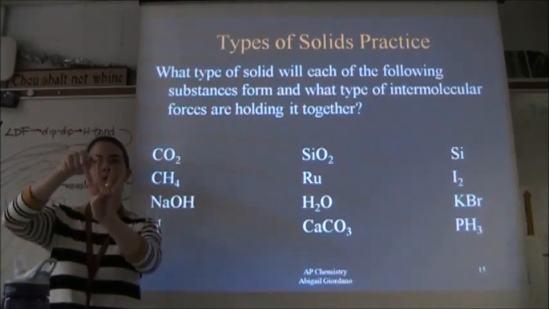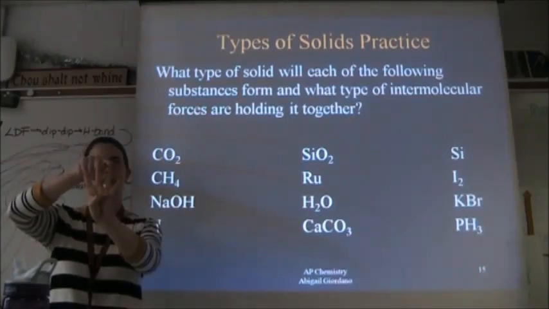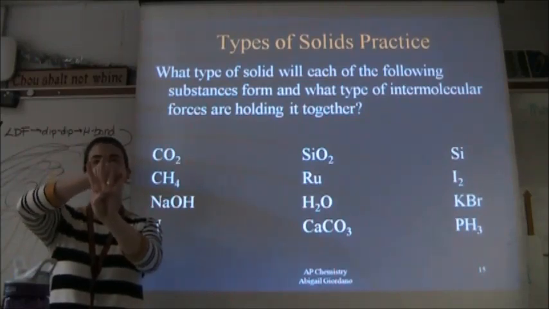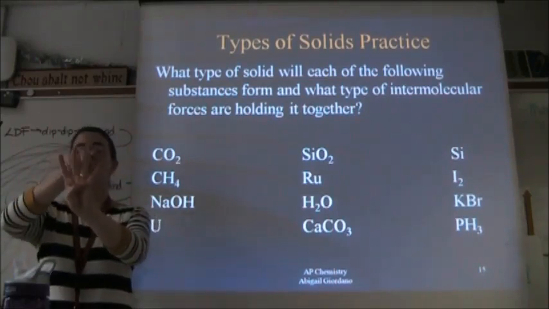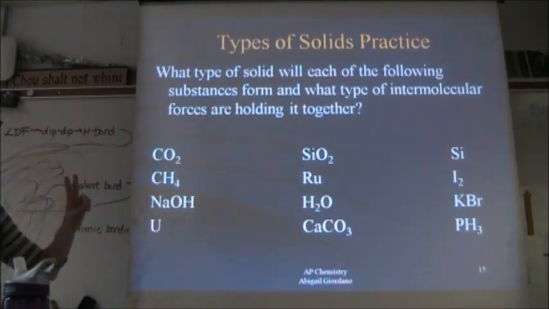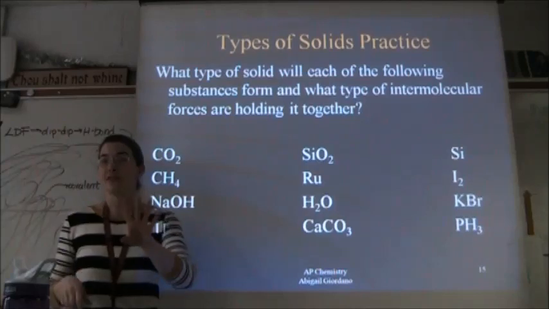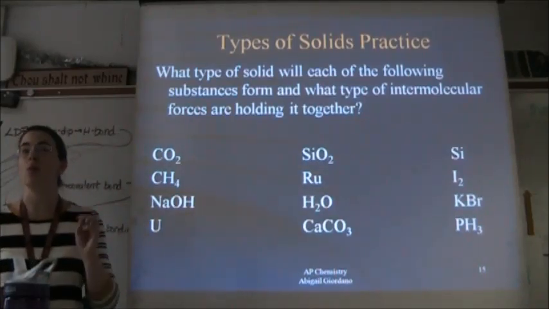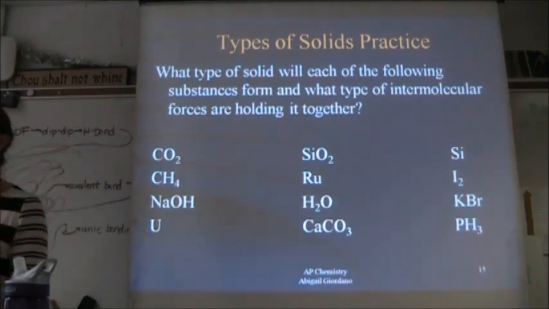What is the second one? Molecular. What's the third? Metallic. Network. Okay. Tell me which type it is. And there's a follow-up. There's a second part. If it's a molecular solid, I want you to tell me what intermolecular forces are holding it together.